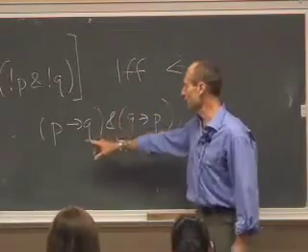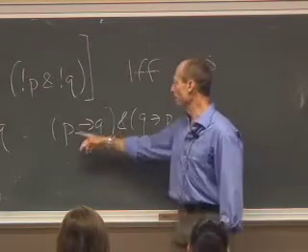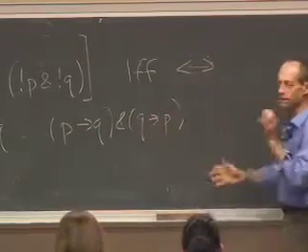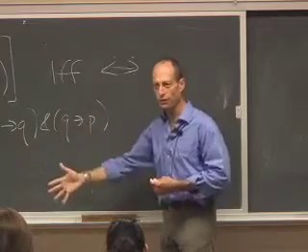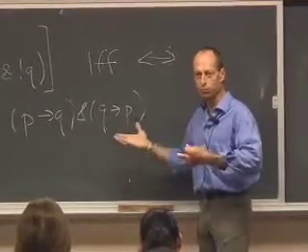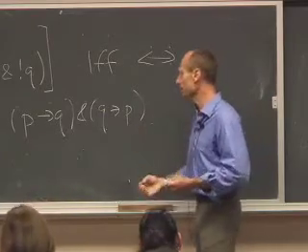Let's look at that. If P then Q, we can do two things at once here. One is we'll evaluate this by plugging in values. That's one way to try to evaluate a complex expression. Another way is to try to reduce it by making substitutions that are identities.